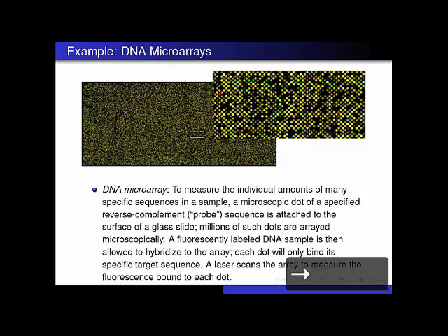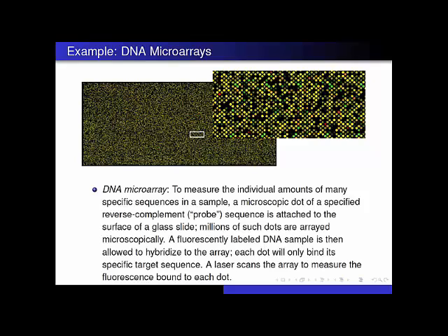A very simple example of that is so-called DNA microarrays. This is basically a glass chip with individual dots of probe DNA that are each synthesized to have an exact sequence of interest, typically something designed to match a gene. So by laying out a lot of spots on a tiny little array, you can have a probe for every single gene in the human genome, actually many, many different targets within the genome. Now, you take your DNA of interest that you want to measure.